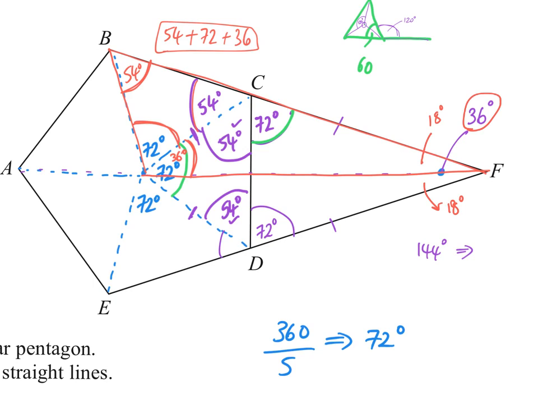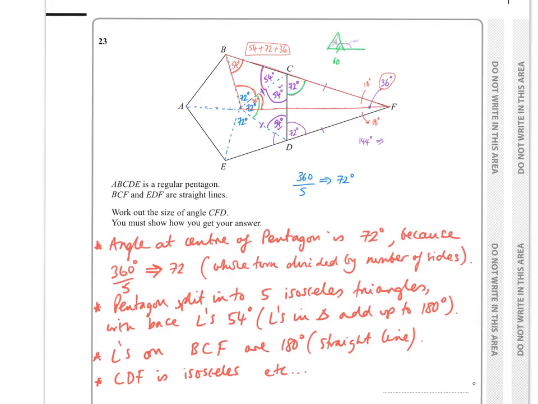Okay, so I'll write a few comments down, but I'm not going to do those live, I'm just going to do them and then you'll just see them at the end of the video. So I've said things like the angle at the centre of the pentagon is 72 because 360 divided by 5 is 72, and that's about a whole turn divided by the number of sides, which was 5. I then went on to say the pentagon was split into 5 isosceles triangles with base angles 54 degrees.